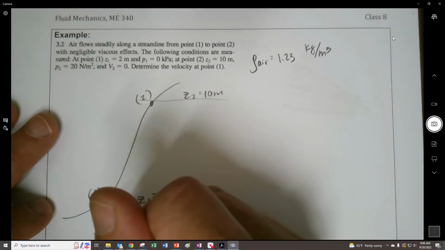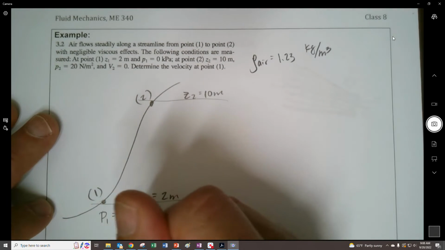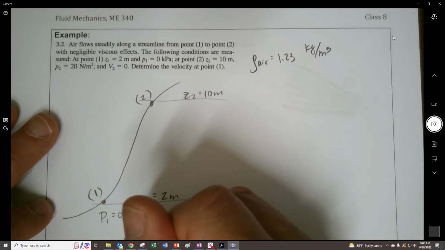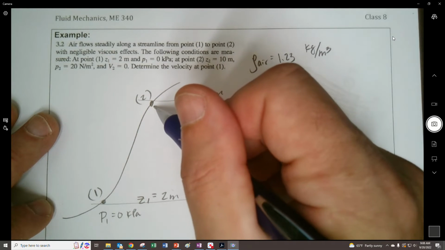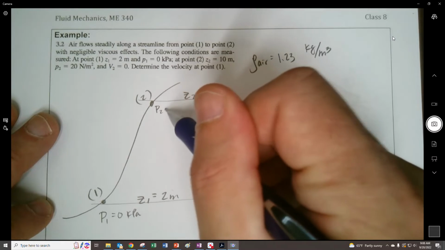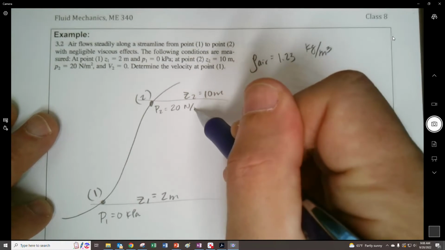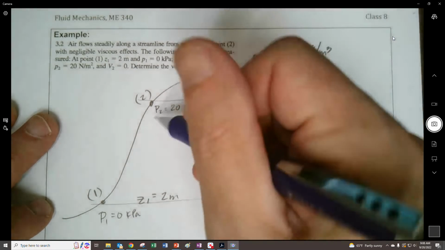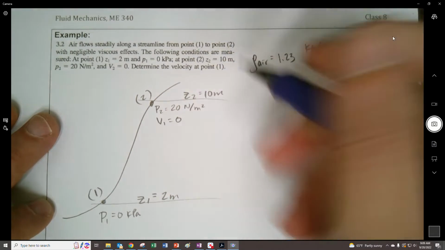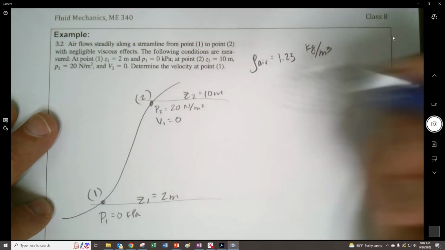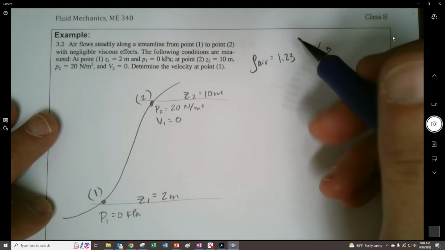The pressure here is going to be 0 kPa. And up here, we're going to have P2, which is 20 newtons per meter squared. And we also know up here at the top that the velocity is equal to 0. And it doesn't matter what the units are because it's 0.